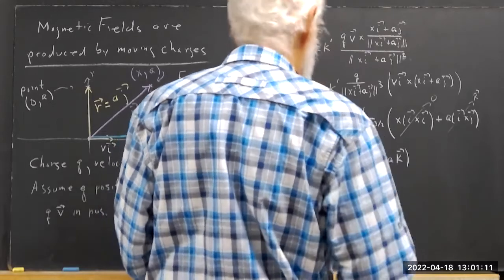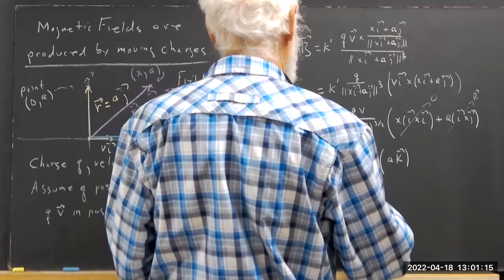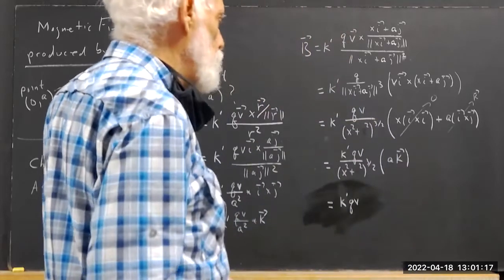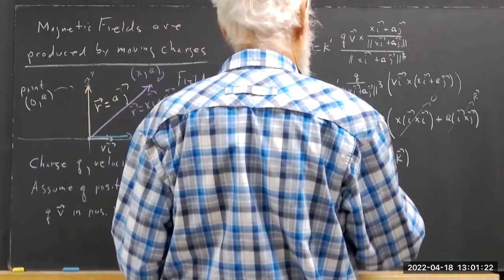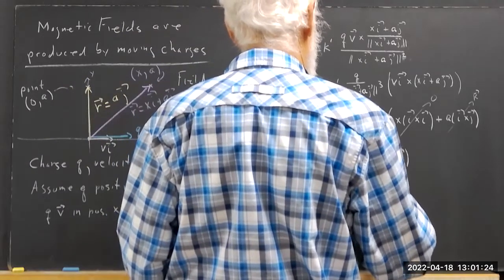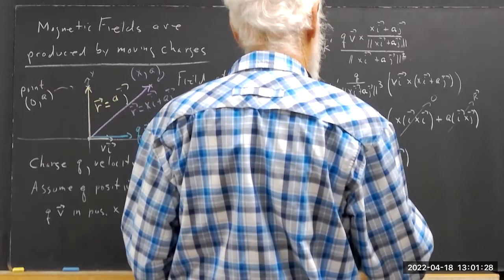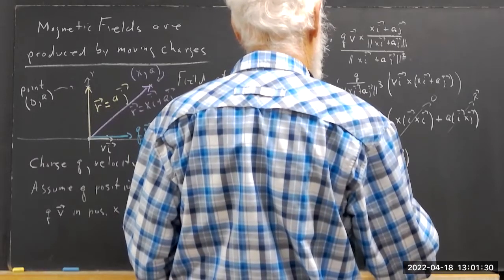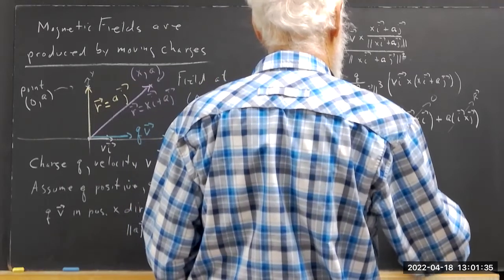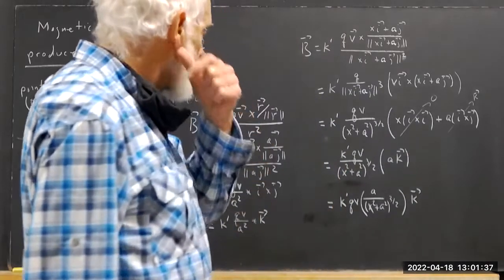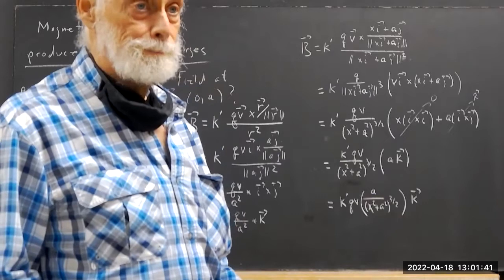Separate that out. Okay, so it's K prime QV times A over X squared plus A squared to the 3/2 times your K vector.